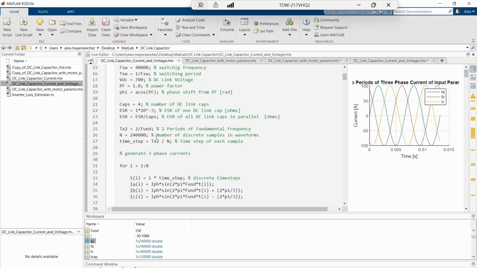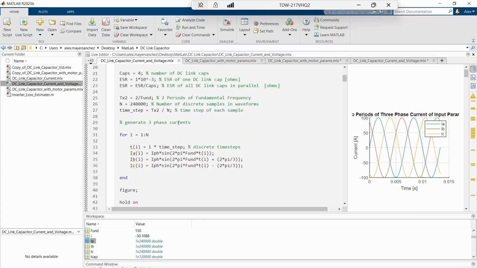And then the time step, that's going to be the amount of time that passes in between each sample. So if I have 2 fundamental periods and it's 240,000 time steps, then 1 time step is going to be equal to the 2 fundamental periods divided by the number of discrete samples that we have.